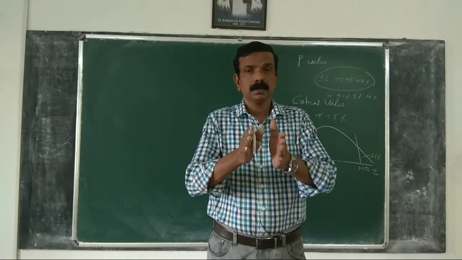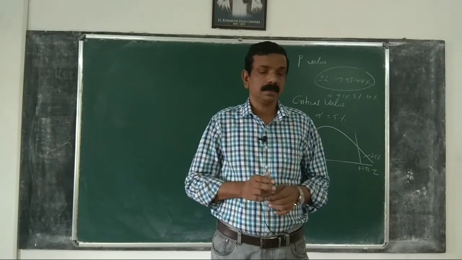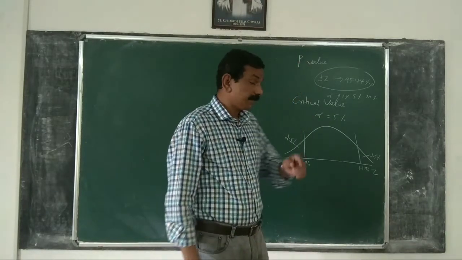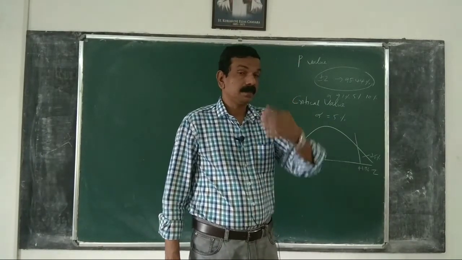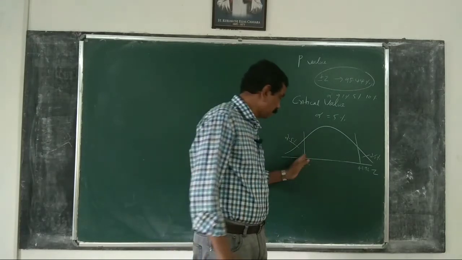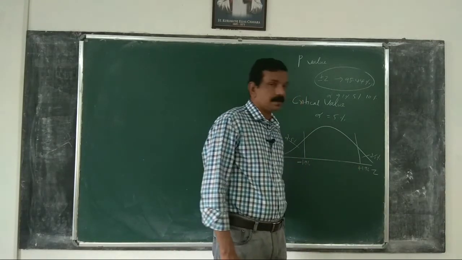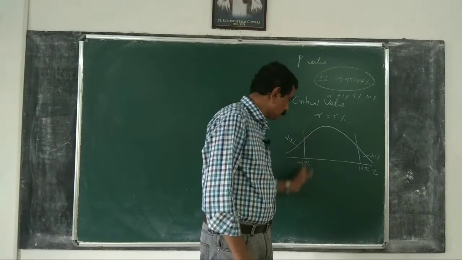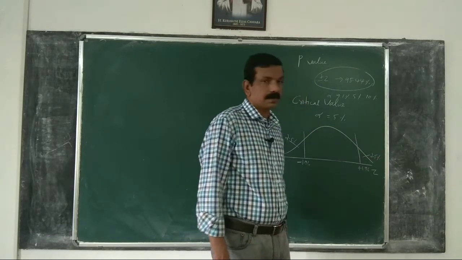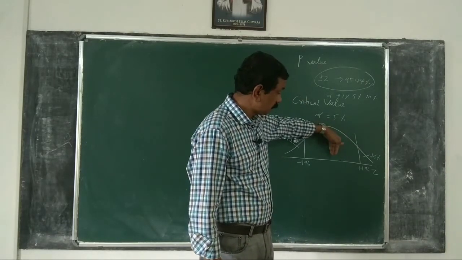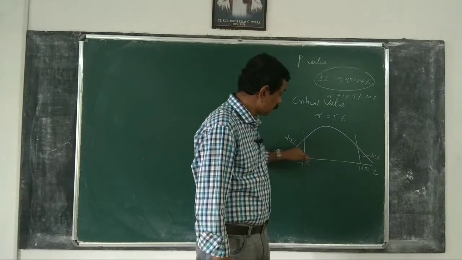So, we take a decision on the basis of the value of the test statistic obtained from the sample compared to these cutoff points. That is, critical Z values, which divide the acceptance region from the rejection region.